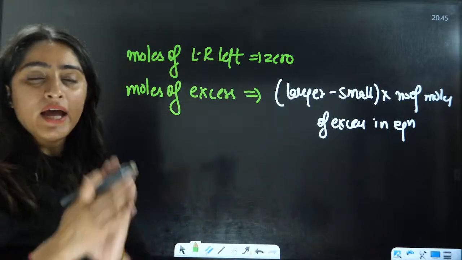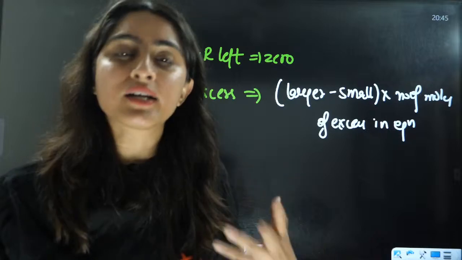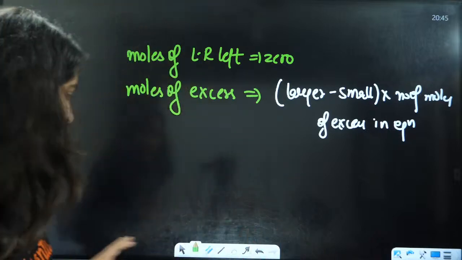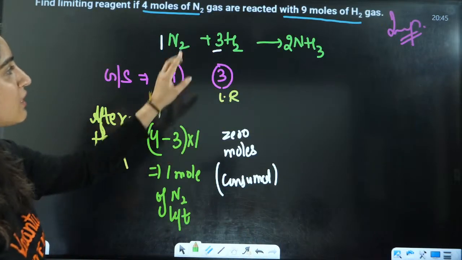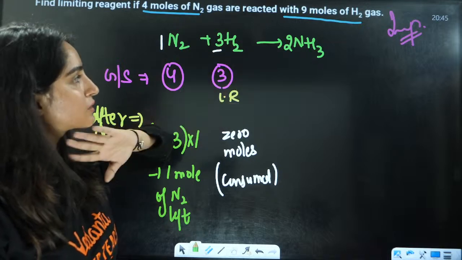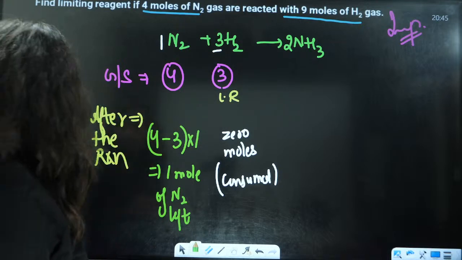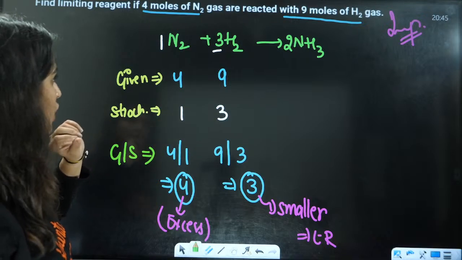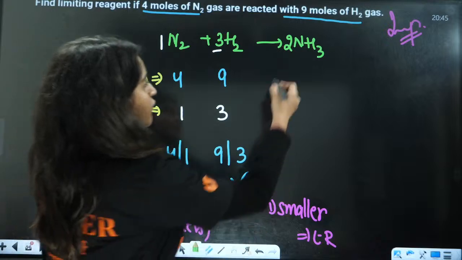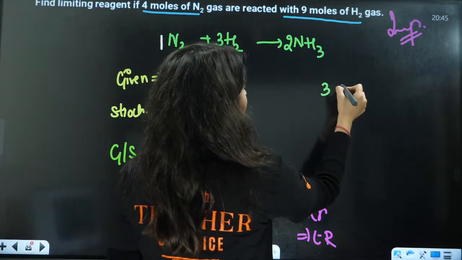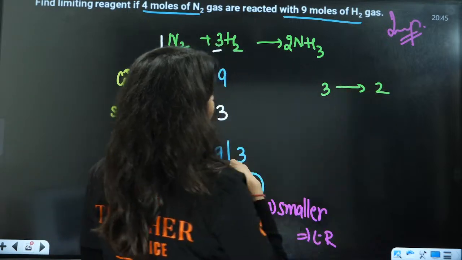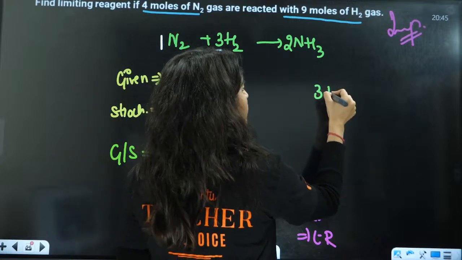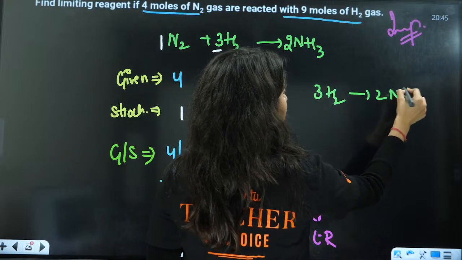And when you want to see how much product is formed, 9 moles of H2 is given to you, right? For NH3 you will write: 3 moles of H2 give 2 moles of NH3.